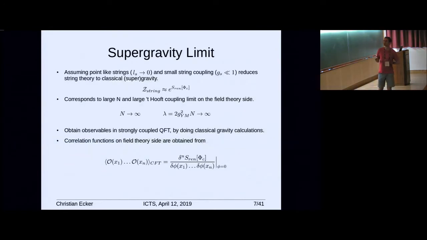The expectation values of correlation functions in the field theory are obtained by the variation of this renormalized gravity action with respect to the boundary fields. I will come to the point where I explain what this renormalized action is.